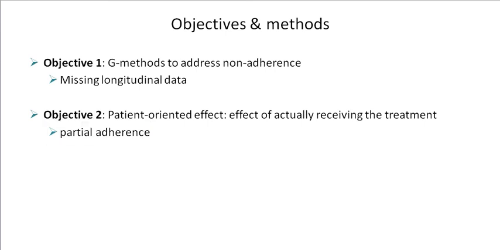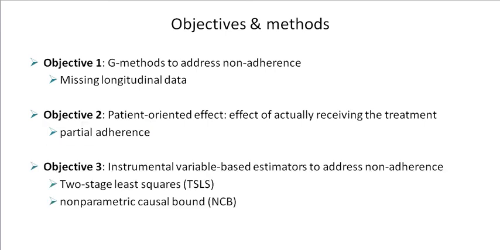Most of the non-adherence adjusted estimates are inefficient. Two-stage least squares is a commonly used instrumental variable estimator which is particularly vulnerable to this precision issue, especially in the presence of weak instruments. Newer instrumental variable-based estimators are proposed.